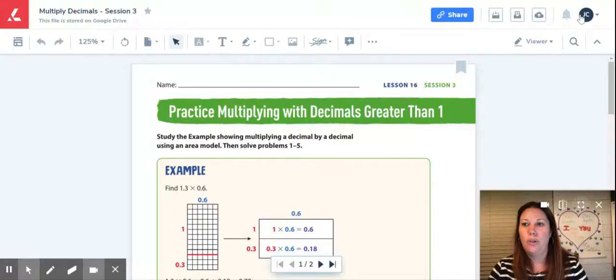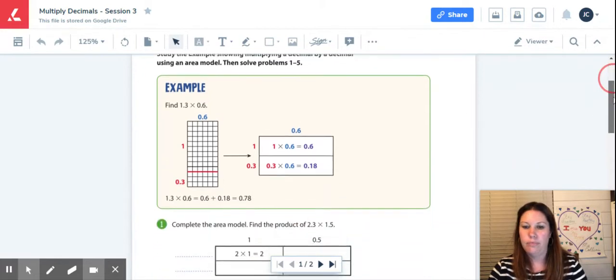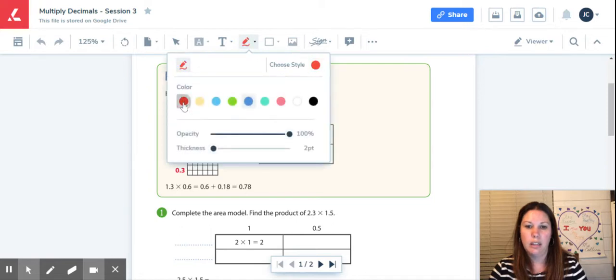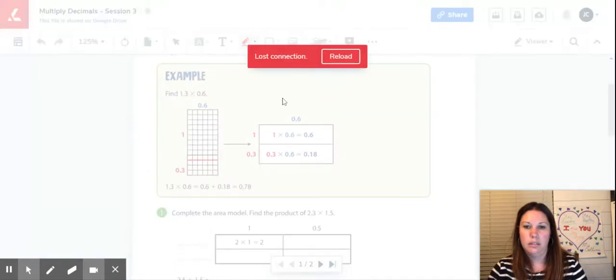Okay, let's go ahead and get to our pages today. So we have practice multiplying with decimals, page 339. So we have an example here, and I'm going to choose red today.